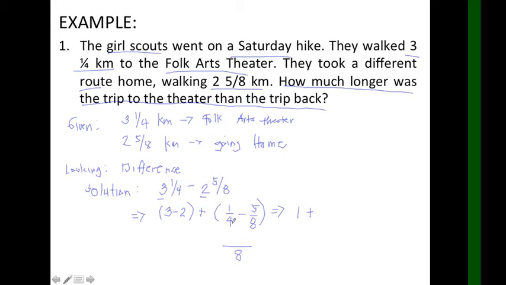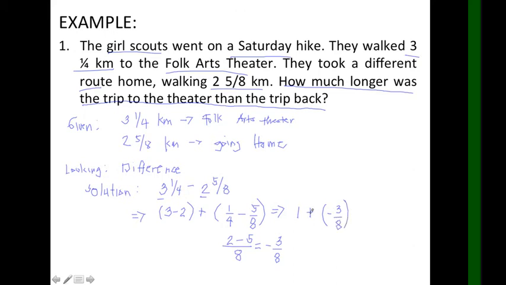So, 8 divided by 4 is 2 times 1 is 2 minus 8 divided by 8 is 1 times 5 is 5. Okay? So, meron tayong answer dito na negative 3 over 8.